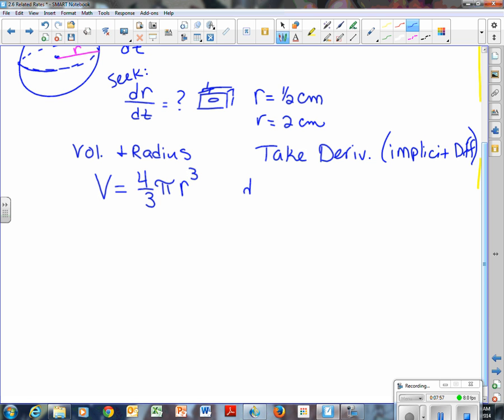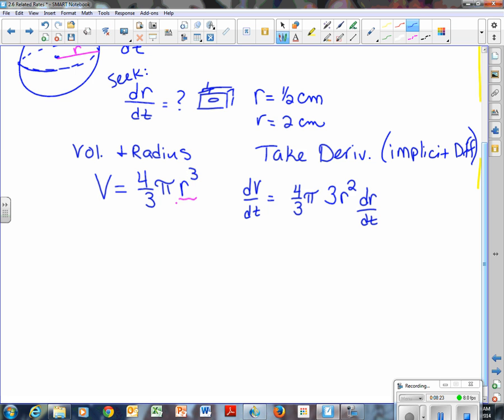So I'm going to have dV/dt. We're going to take it with respect to time. 4/3 is just a multiplier as well as pi, because pi is just a number. Now what we need to do is take the derivative of r with respect to time. The 3 comes down, the radius goes to r squared, and then it would be dr/dt.